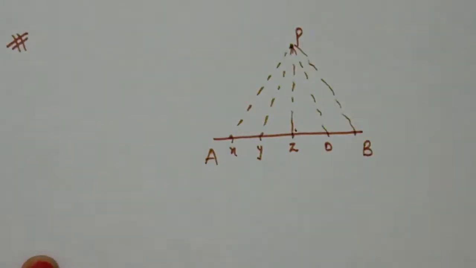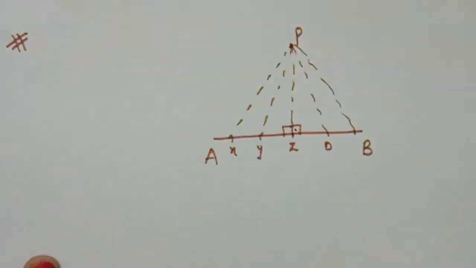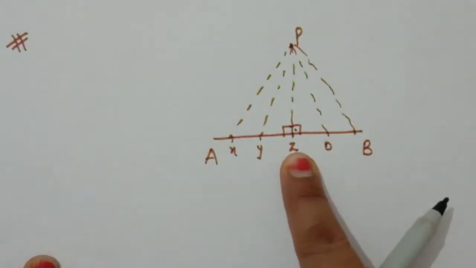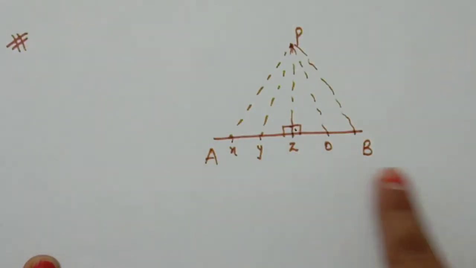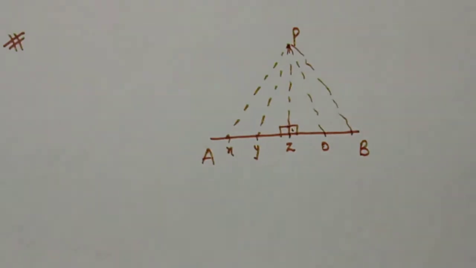So the distance of AB from P is PZ. The conclusion is that the length of the perpendicular from a point on a line is the distance of the line from that point. It means we will always take the line which is perpendicular on the line segment. The least and smallest distance is called the exact distance.